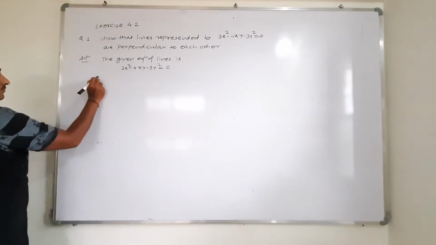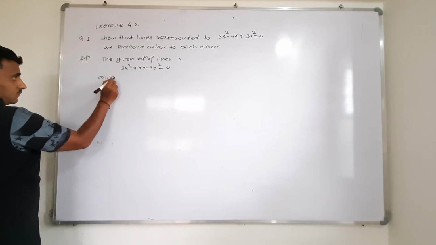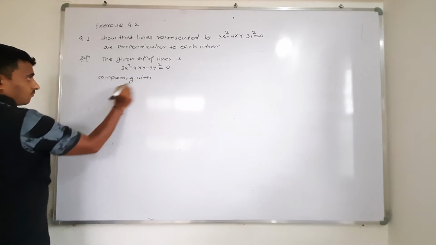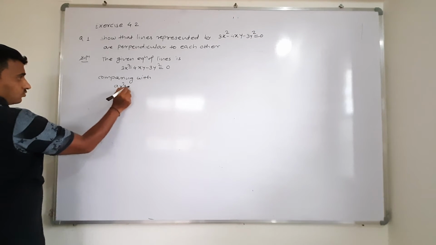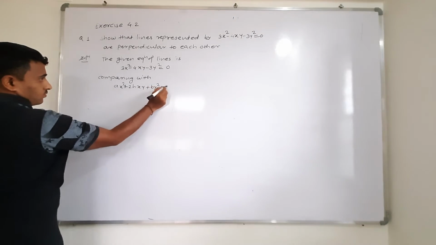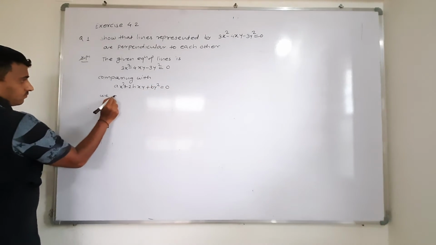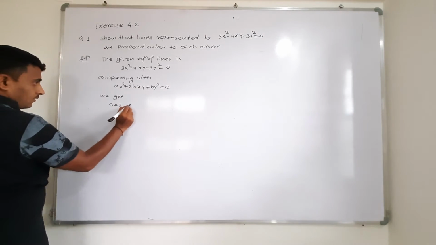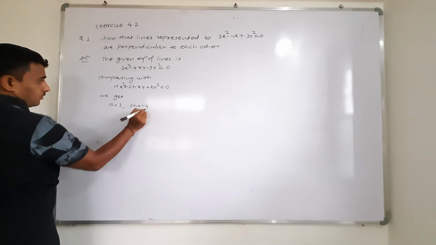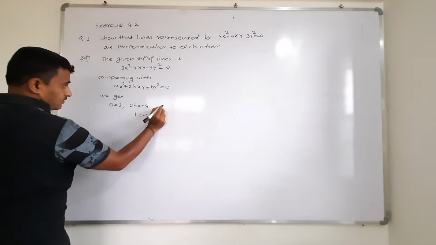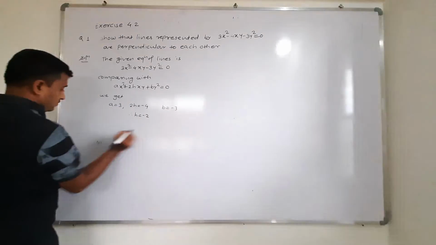Comparing with the standard equation x square plus 2hxy plus by square is equal to 0, we get a is equal to 3, 2h is equal to minus 4, therefore h is equal to minus 2, and b is equal to minus 3.